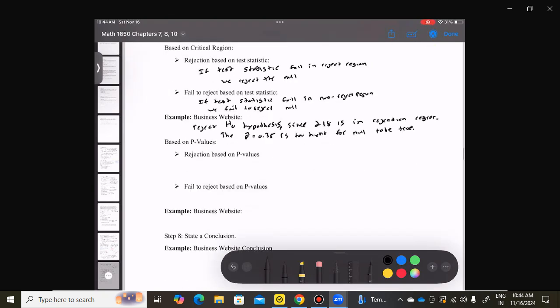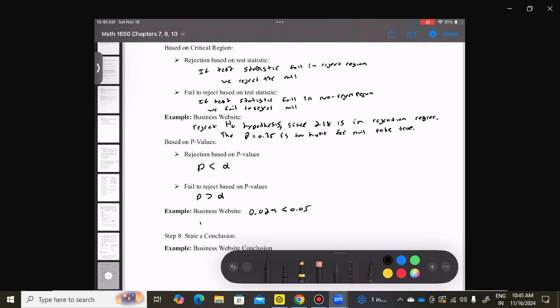That's a conclusion for this, but we're going to look at it a different way now. We're going to look at it based on the p-value. We reject based on the p-value when p is less than alpha. And we fail to reject when p is greater than alpha. In our case, 0.029 is less than 0.05.